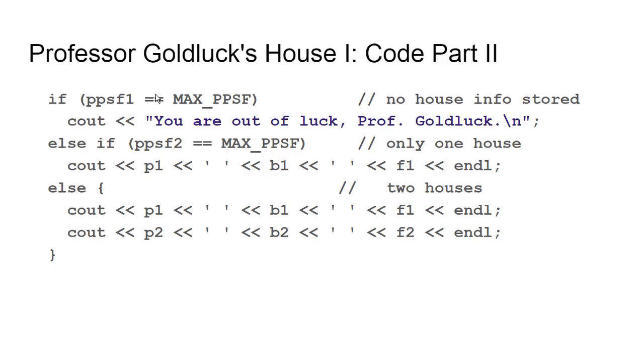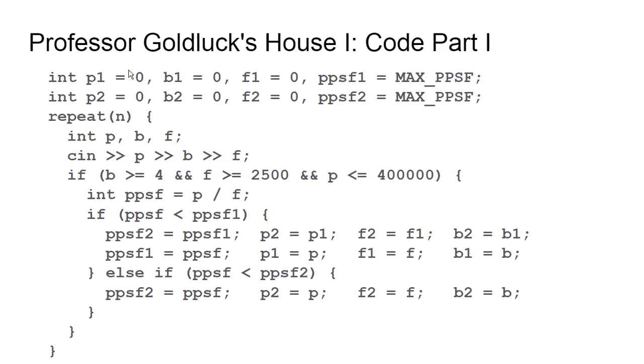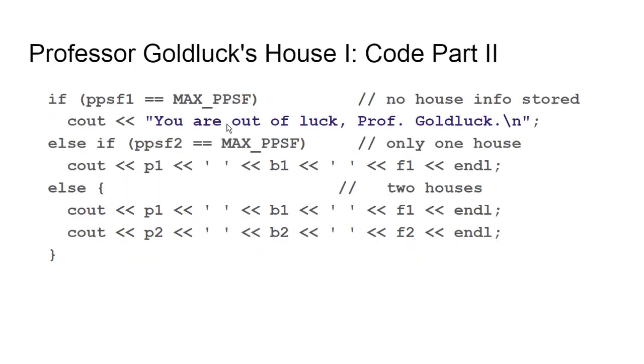Essentially, we're trying to see whether this set of variables for the first house has ever been updated. If P1 has not been updated, that means we saw no house that satisfies all conditions. So PPSF1 is still max PPSF, and all the other variables should be 0. We can check the status by using these variables instead of an actual variable to store the information.